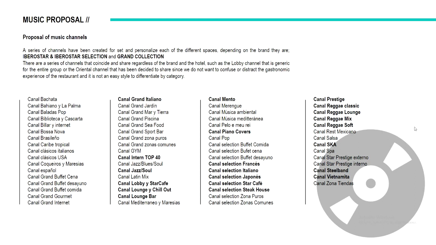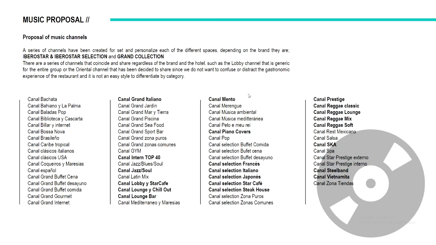So the procedure is: the general manager identifies where they want to change the music. He sends us an email, and we send the email to the Xenox company for the change, and we can monitor when they make the change.